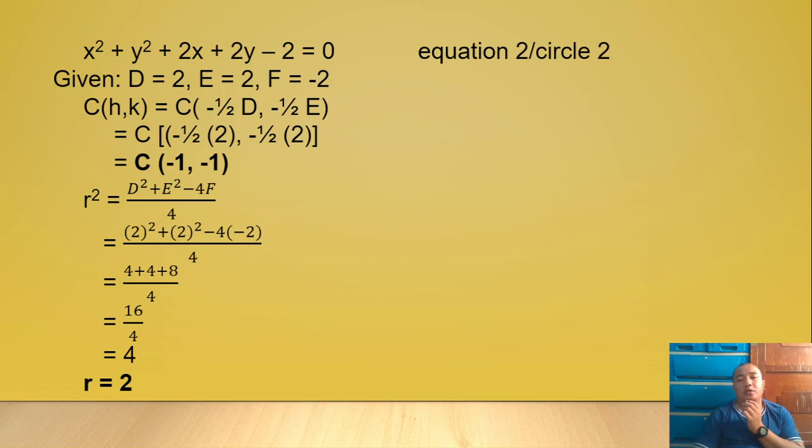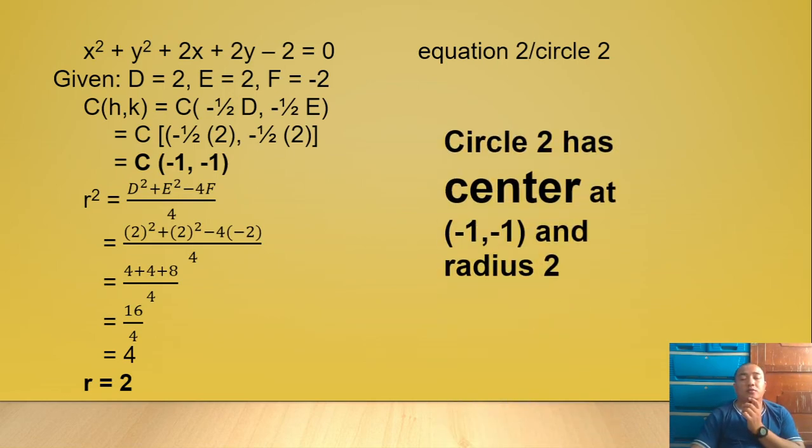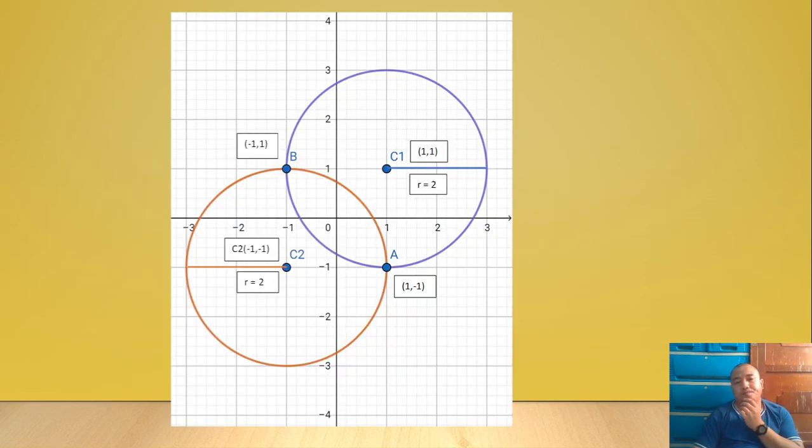So for circle 2, the center is (negative 1, negative 1) and the radius is 2. Both have the same radius of 2, but the centers are not the same: (1, 1) for circle 1 and (negative 1, negative 1) for circle 2.